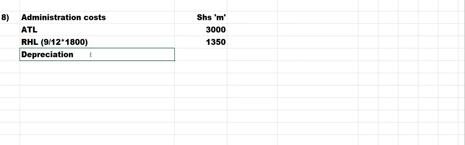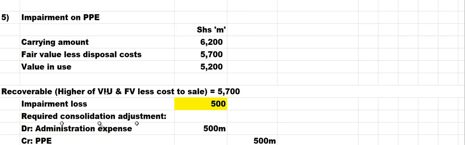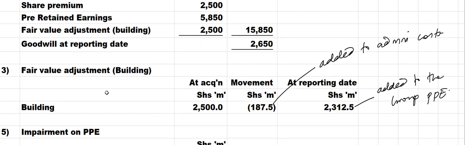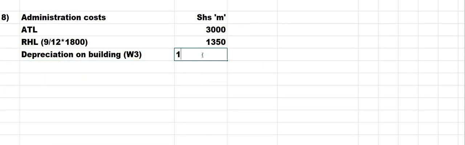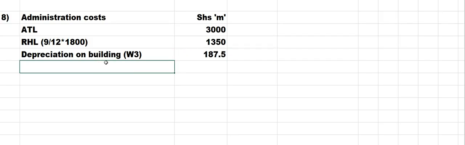Then there is a depreciation on the building. That's the fair value movement. That was working 3, I think. Just to confirm. That is 187.5. Then we have the impairment loss.